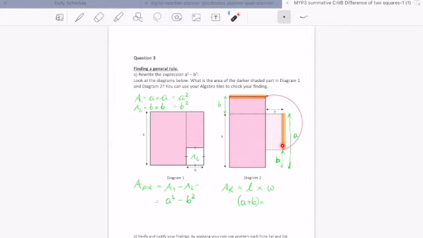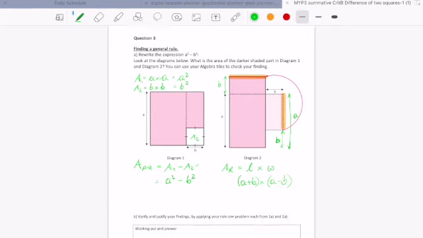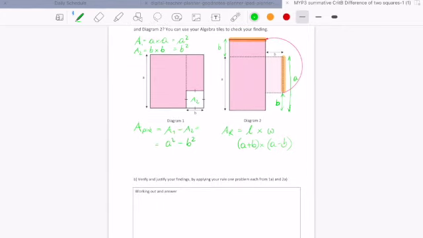And this length here we just found out is A minus B. So the general rule that you should have found out here was that A squared minus B squared is the same as A plus B times A minus B.